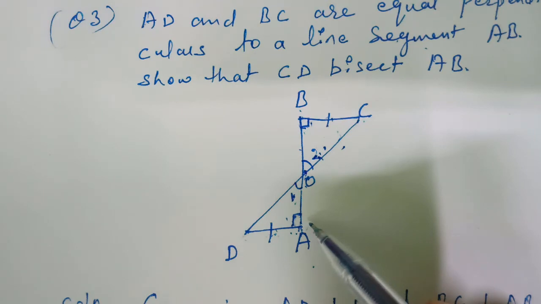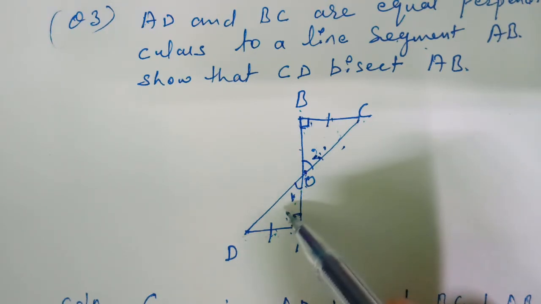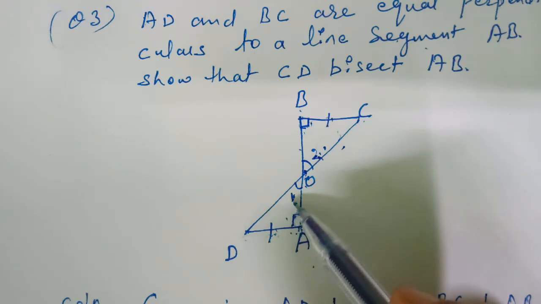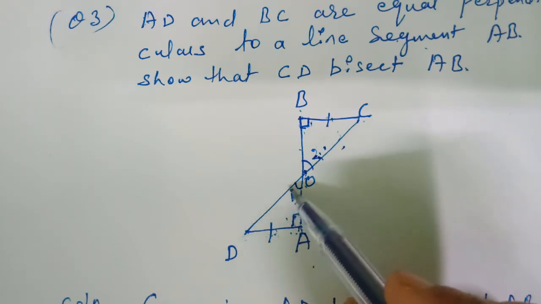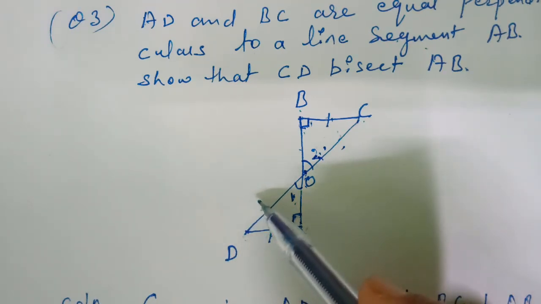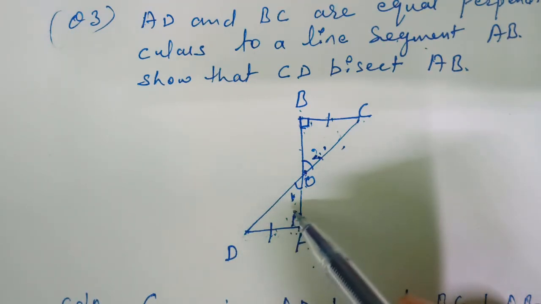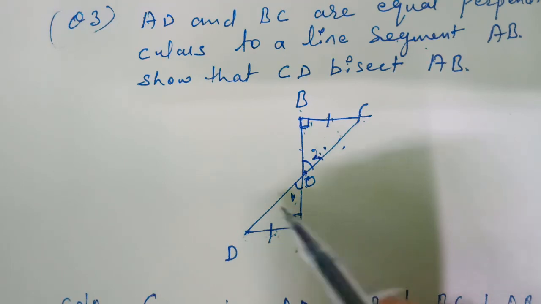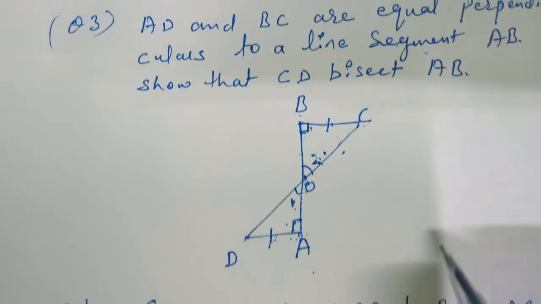Now which criteria will be there? We have learned 5 criteria. So we are going to consider one triangle and, moving anti-clockwise or clockwise, you have to identify the correct criteria of congruency. So first of all, let us revise the criteria.